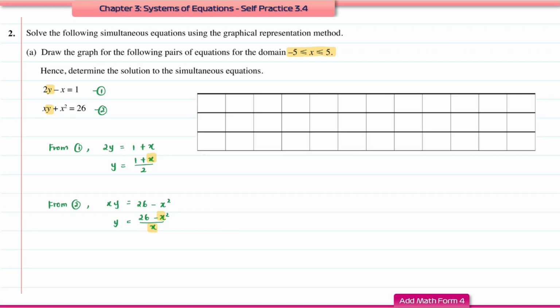So here I already prepared a table for us to write down the coordinates. First, here is going to be the coordinate x, which is the domain, between -5 and 5.